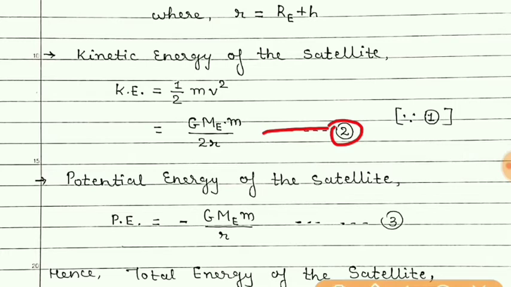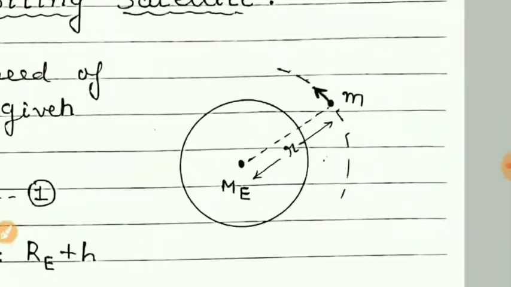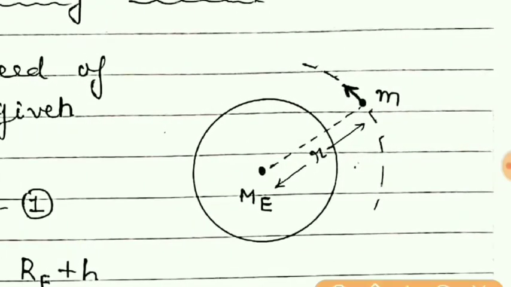Now about potential energy. We have also studied the potential energy of a system of two particles. Here one particle is the mass of the earth and the other is the mass of the satellite.